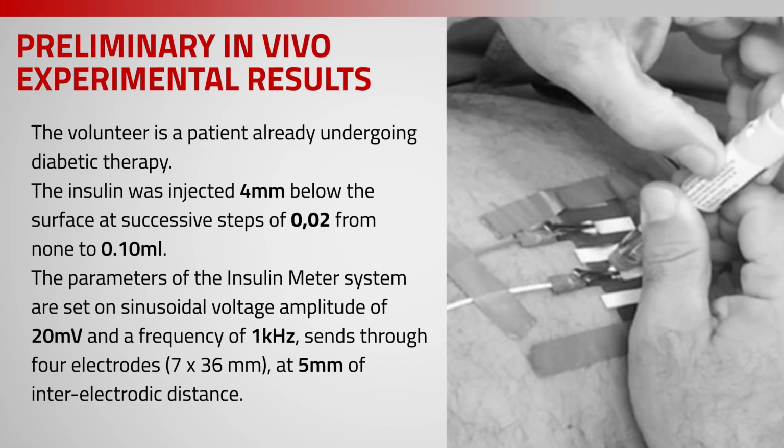A commercial injectable solution of insulin in a configuration of 3-field pen was used. The experiment was carried out by measuring through the insulin meter the impedance just during the bolus injection of the patient. The same setup with inter-electrode distance 5 mm and injection depth 4 mm was used.